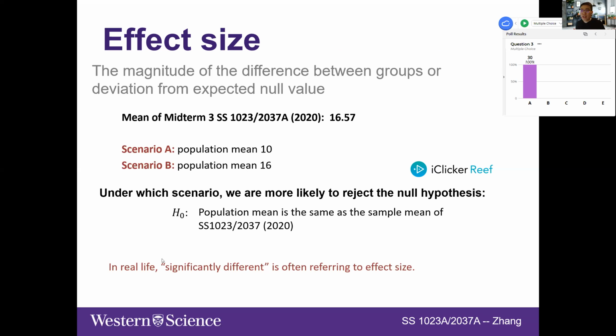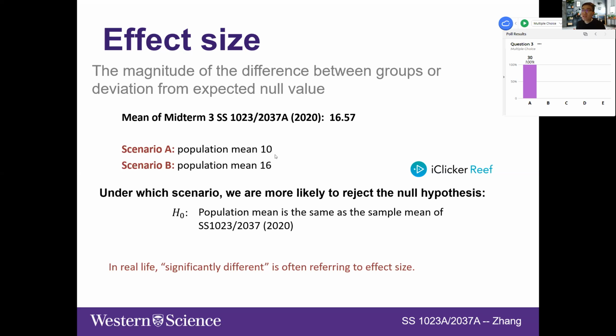So in real life, when we talk about a significant difference, we usually mean the effect size. When we say our sample mean is significantly different from the population mean, what they mean is that the absolute difference of these two values is large. But you need to keep in mind that in statistics, we are talking about different things.